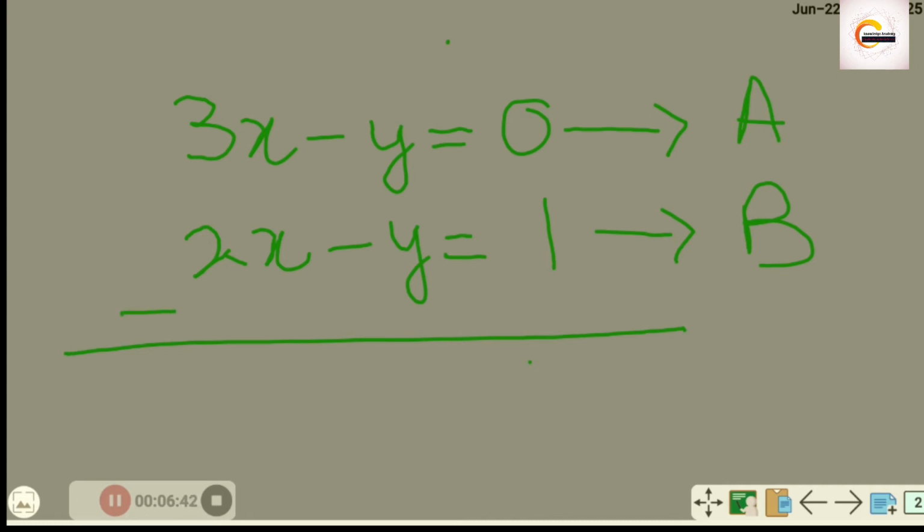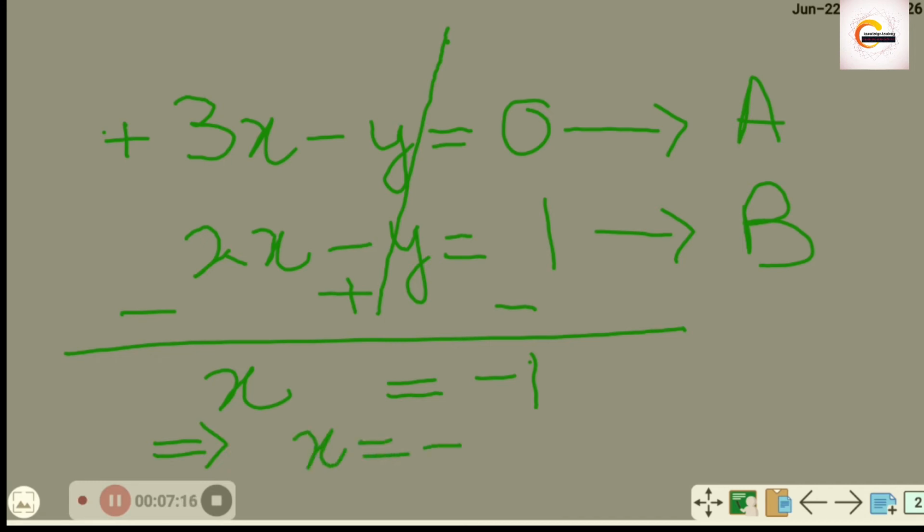If I subtract equation b from a, I will change the sign like this, and -y and +y cancel. 3x - 2x will make x = -1. We are going to study this elimination method in detail in exercise 2E. So the value of x is -1, and since the value of x is -1, I am going to put this -1 in any of these two equations. Let's say equation a.